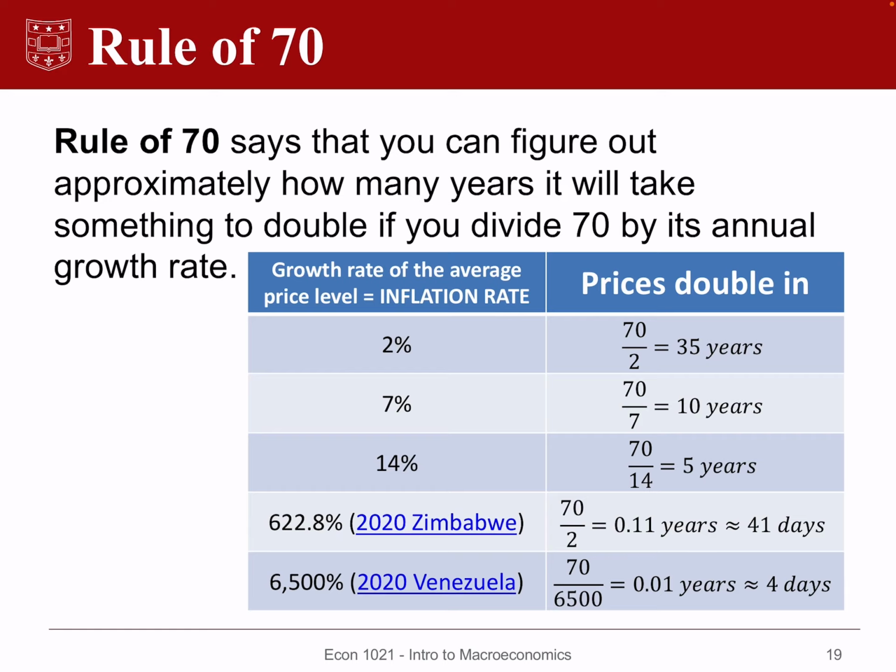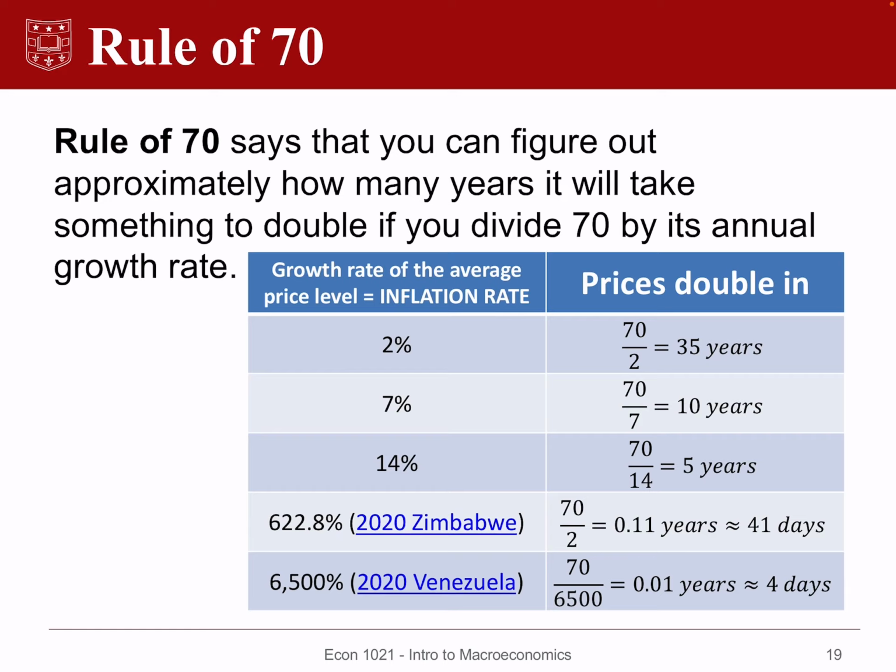If we wanted to get a sense of what we are talking about with the problem of inflation generally and hyperinflation in particular, we can apply a rule of thumb known as the rule of 70. And it's not just confined to inflation, we can apply this as a generalization anytime we know a growth rate.